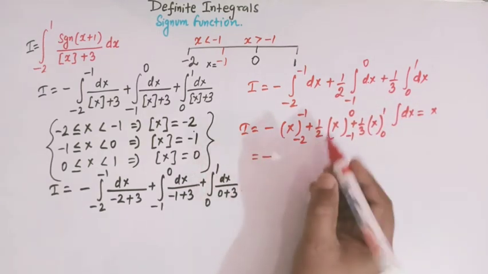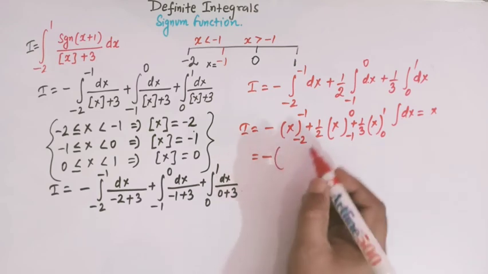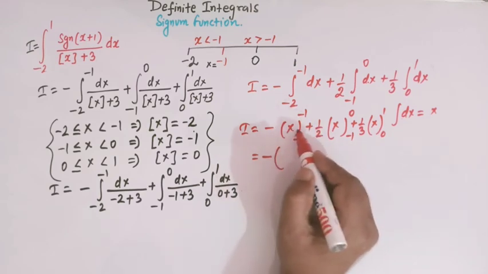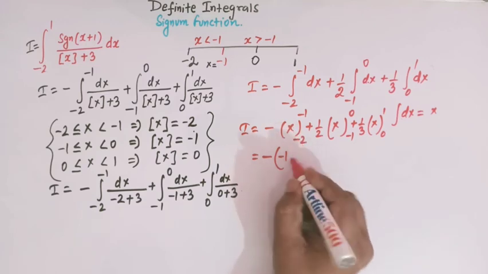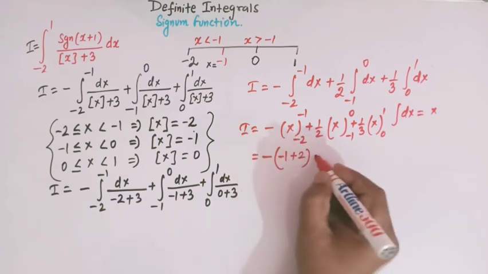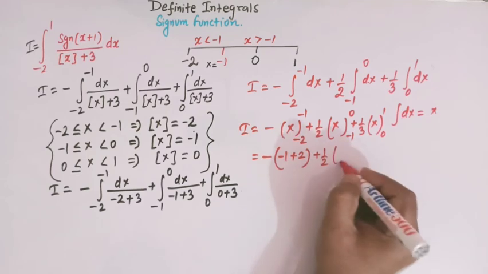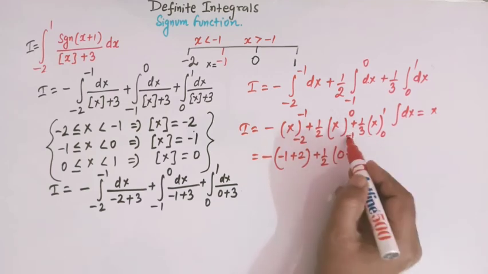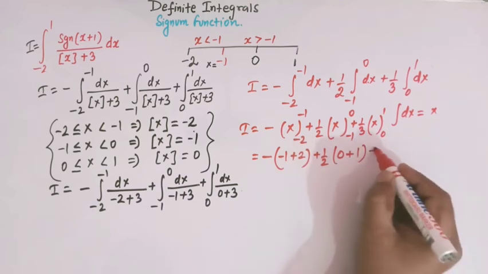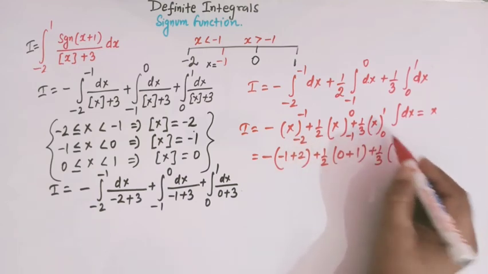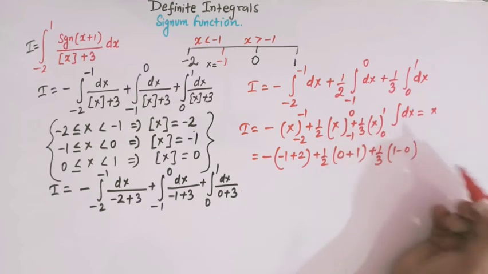So now we can simply substitute the limits here, and we'll take the difference, so we have -1 and minus minus plus, so we have here +2, here we have half, and 0 minus -1, minus and minus becomes plus, so we have 1, and here we have 1 over 3 and 1 minus 0, right?